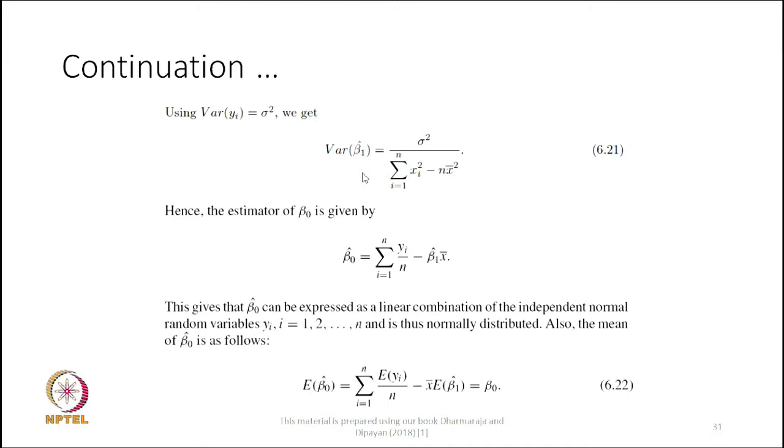So, using that concept you can find the expectation of the estimator beta naught. If you simplify, you will get beta naught. So, that concludes the estimator beta naught is also unbiased. That means both beta naught cap as well as beta 1 cap are unbiased estimators.